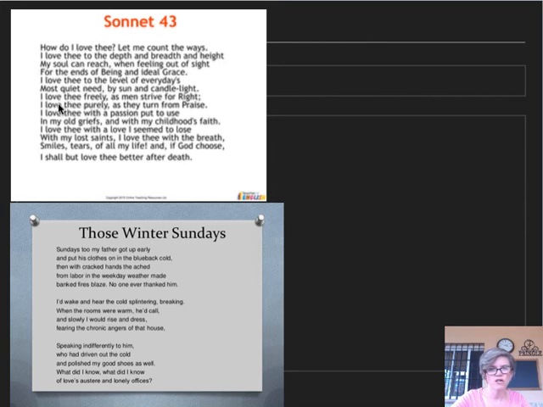"I love thee freely, I love thee purely, I love thee with a passion put to use in my old griefs, with my childhood's faith. I love thee with a love I seem to lose with my lost saints." And then it even ends very dramatically with "if God choose, I shall but love thee better after death." Okay? The idea that even in eternity or eternal existence, she would continue to love the beloved.